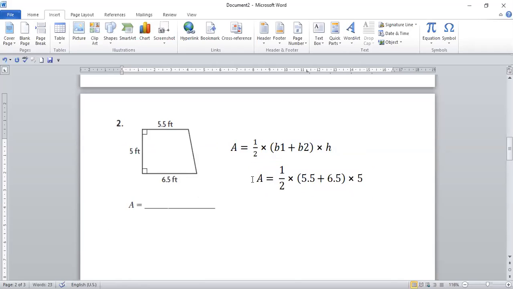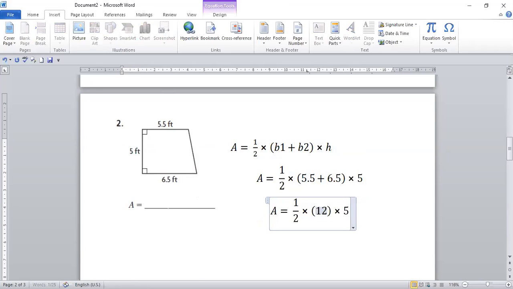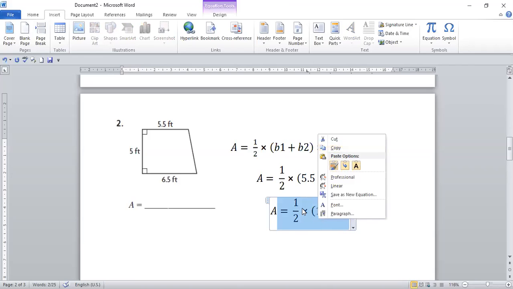Okay, so the next step is solve the parenthesis first, as we follow the order of operation always. So 5.5 plus 6.5 is going to give you 12 multiplied by 5. So which is easy, either half of 12 or half of 5. Both are easy. I will make it more easy for me by finding half of 12. So half of 12 is going to be 6.